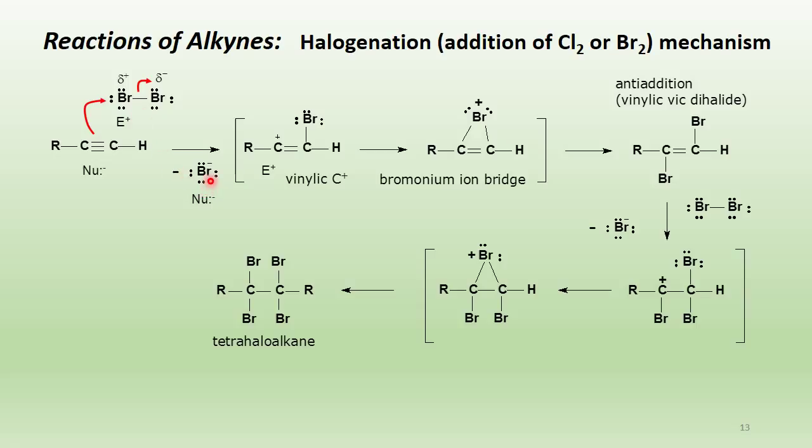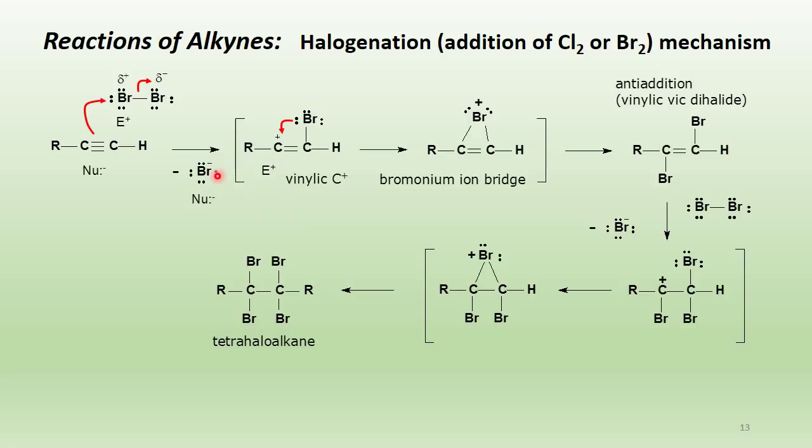Now, following Markovnikov's rule, the first atom in, the bromine, adds to the less substituted carbon, producing the more stable, more substituted carbocation intermediate. As we've seen before, the bromine on the carbon adjacent to the carbocation can use one of its non-bonded pairs of electrons to form a bridge and stabilize the intermediate from rearrangement.